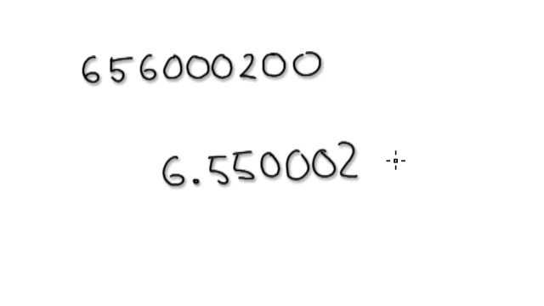Okay, this one here, convert this into standard form. So press pause and have a go. Okay, so this one here, we definitely need 6. This is a trick question really. 0, 0, 0, 2.